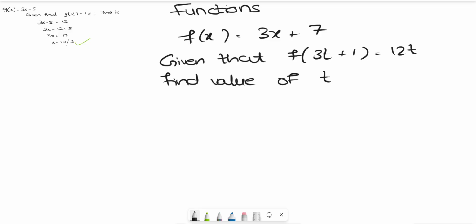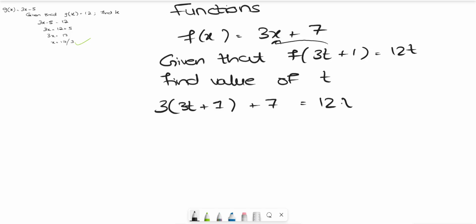We're just given a rough idea that the domain is 3t plus 1 and the range is 12t. But we can find out those values, right? Whatever is in this bracket will be transcribed here. So 3 into 3t plus 1 plus 7 equals 12t, right?